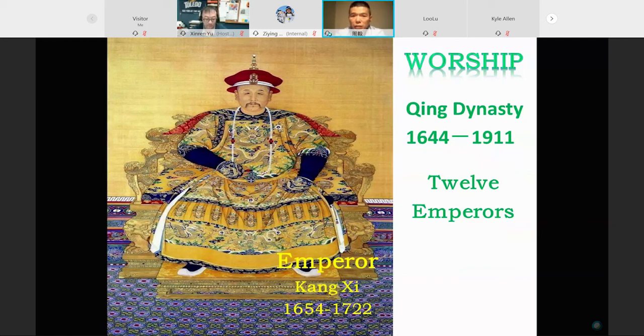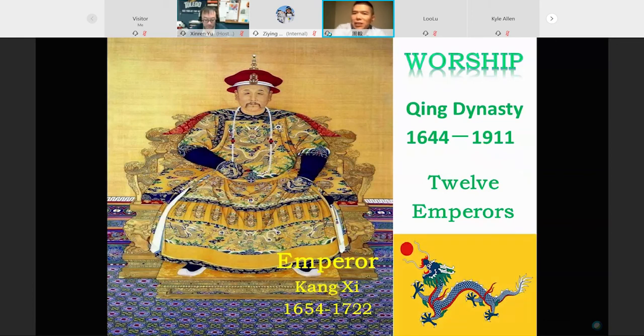His name is Kangxi. There are 12 emperors in the Qing Dynasty, and the Qing Dynasty is the last dynasty in our imperial China. Just now we said this is the national flag of the Qing Dynasty.